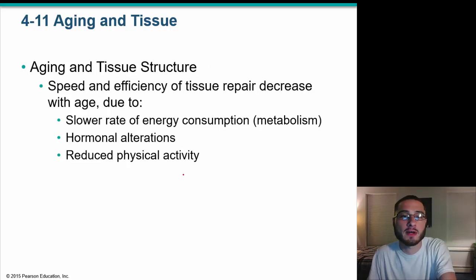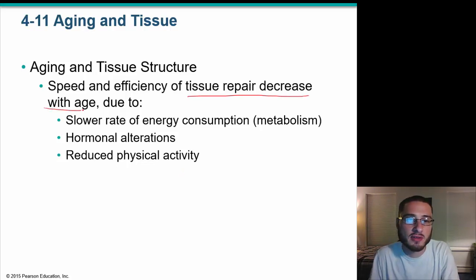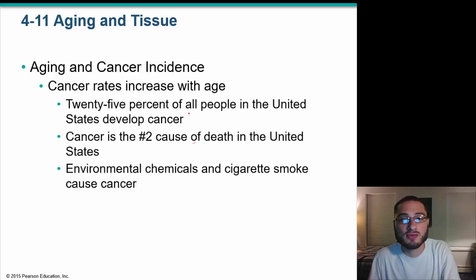All right, when we talk about aging and tissue structure, speed and efficiency of tissue repair decreases with age. Okay, because you have a slower rate of energy consumption or your metabolism. Hormones are different as you get older, and then you have reduced physical activity, really reduced health overall. And cancer rates increase with age. 25% of all people in the United States develop cancer.